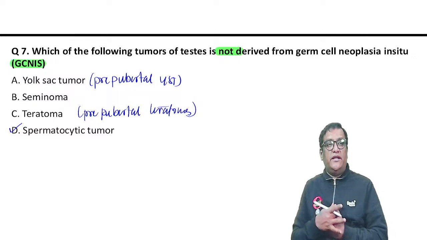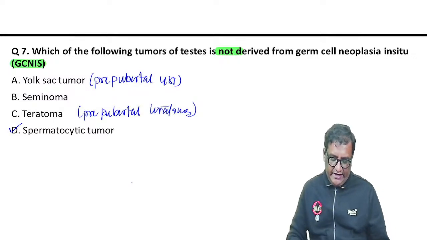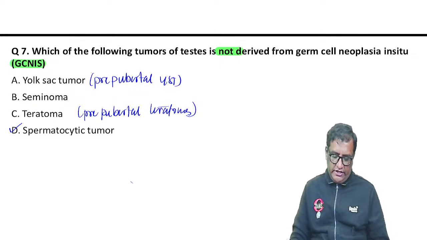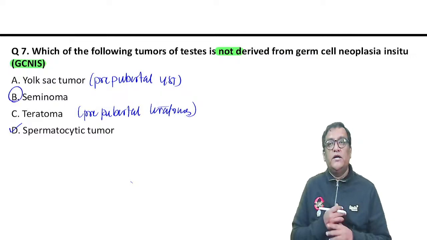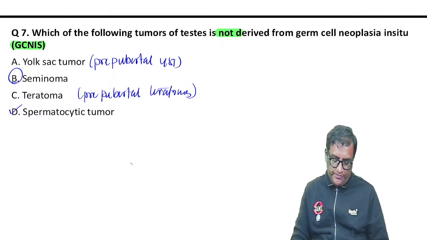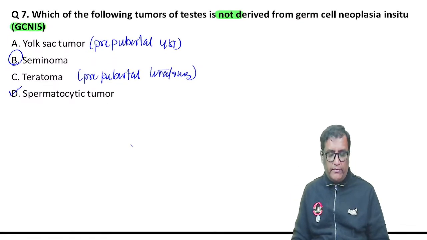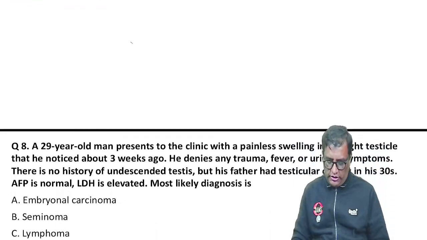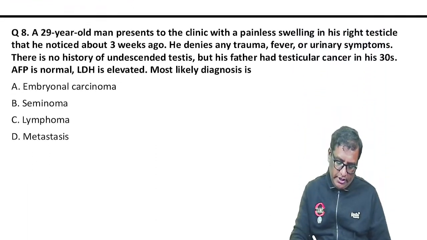So which is derived from GCNIS here? Seminoma. Okay, now, so this is a confusion, so be very careful. What is the examiner asking you? The examiner is asking which is not derived from GCNIS here. So the answer is spermatocytic tumor. Okay, next question. Let me look at the next question.